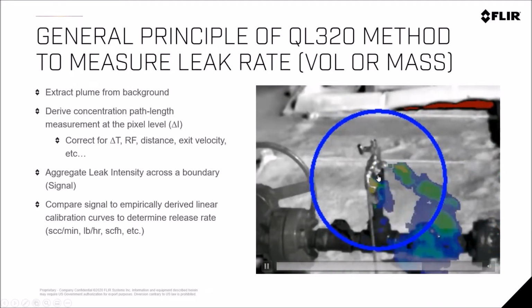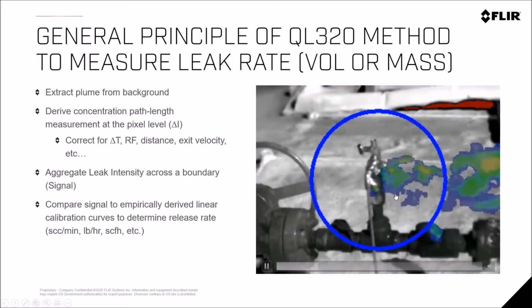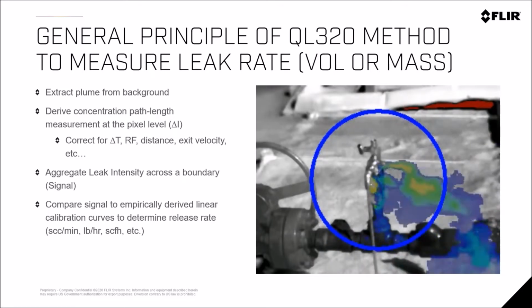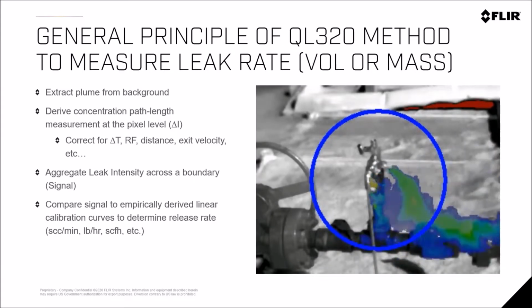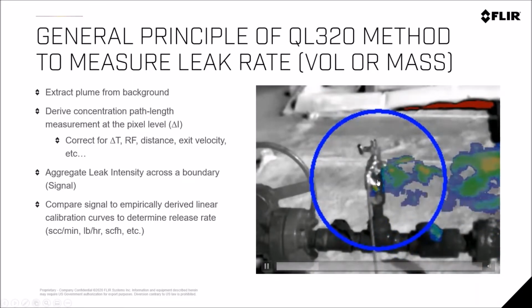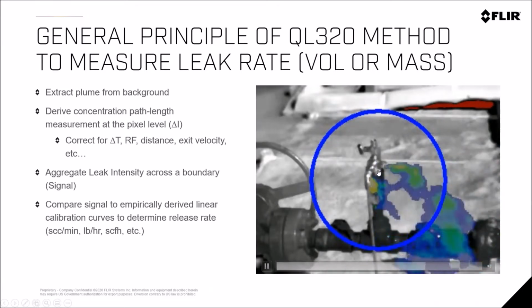That is from the center of the circle as it's moving out, and it is calculating as all of these pixels are changing in time, and they're correcting for the change in temperature, the response factor of the gas that you input, the distance that you've set within the device, and it's trying to understand the exit velocity of the gas as it crosses that boundary.